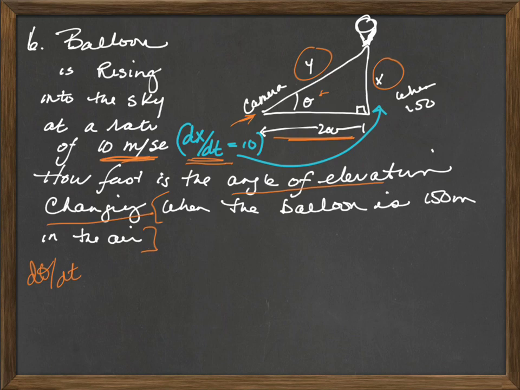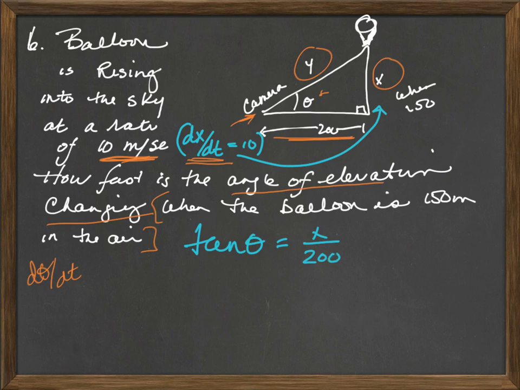So let's say theta, and we know the adjacent to theta, which is 200, and we know x is what we want. So let's say that the tangent of theta is equal to x over 200.